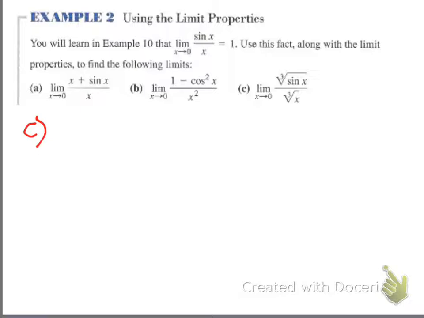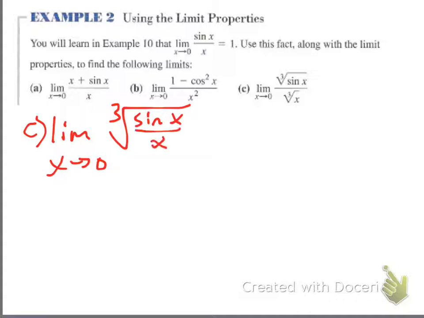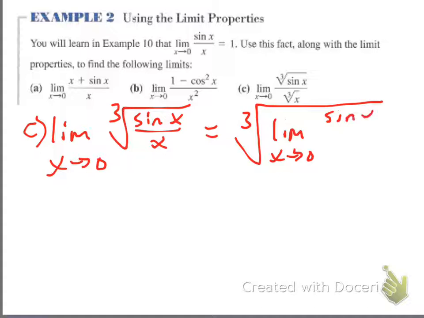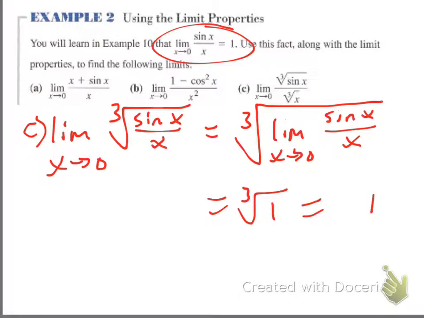Well, that's the same thing as the limit as x approaches 0 of the cube root of (sine x over x). But we can do the third root of that entire limit. But we know that the limit is 1 here, so it's the cube root of 1, which is 1.